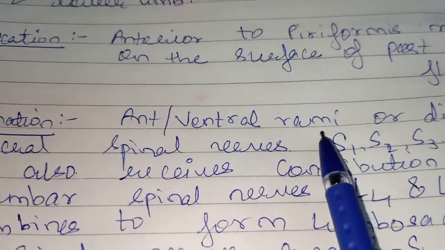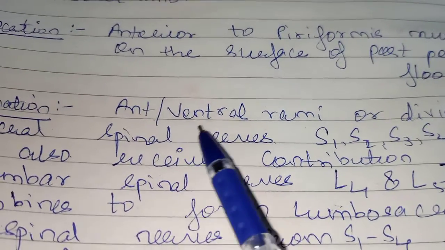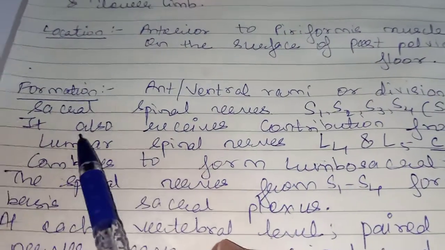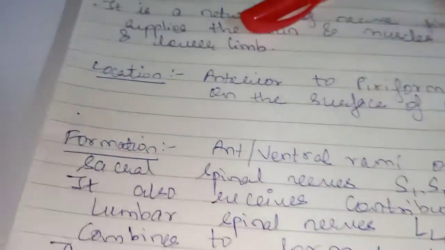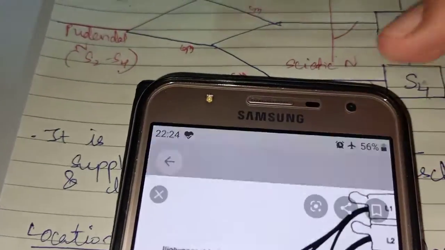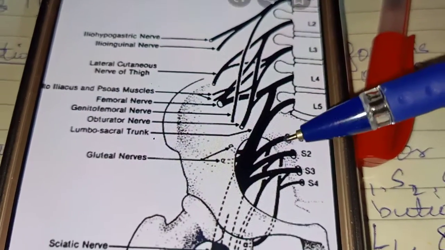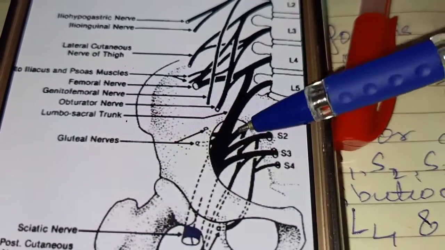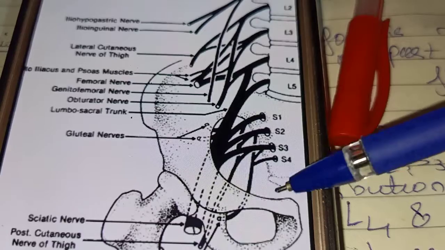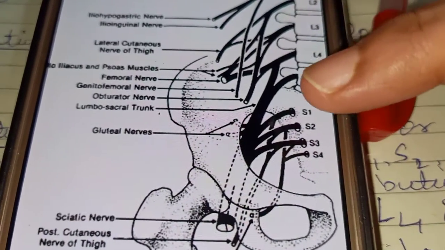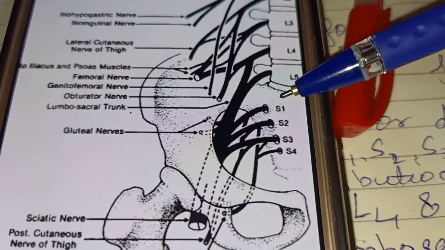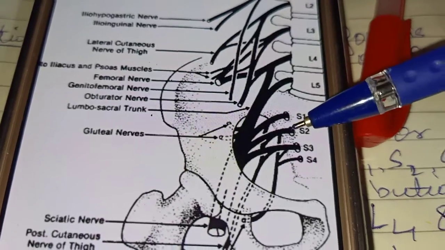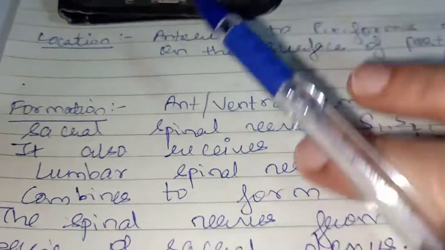You can see, from the anterior division, from the ventral division, this is the anterior aspect. So from the anterior division of the sacral spinal nerves S1, S2, S3 and S4, anterior or ventral rami or division. So this is the formation.